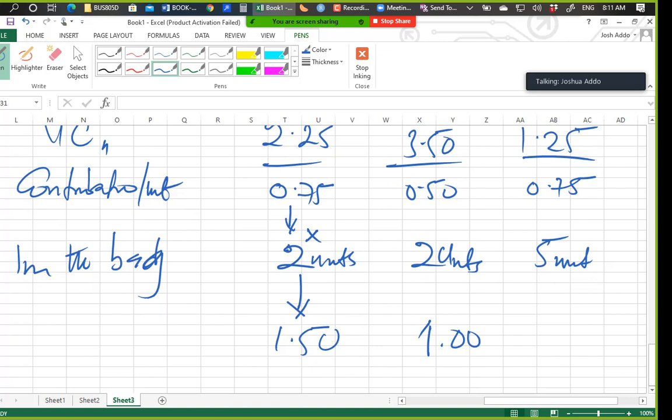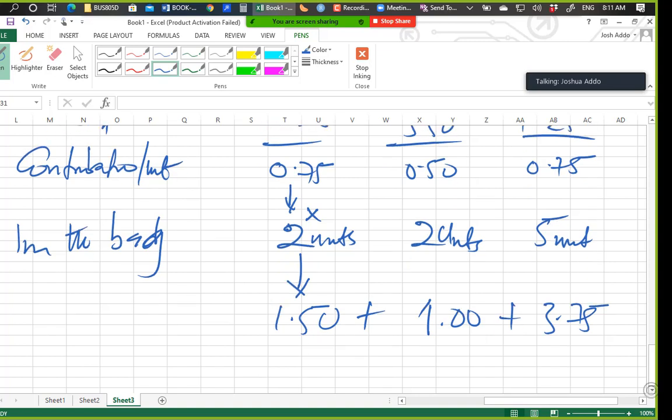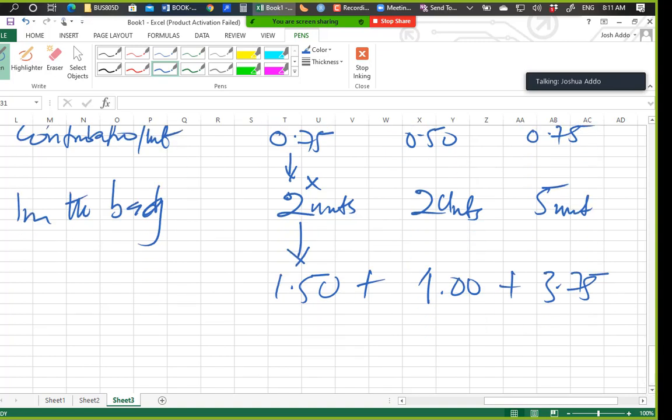There are 5 zoos in the bag, each with a contribution of 0.75. So 0.75 times 5 is 3.75.